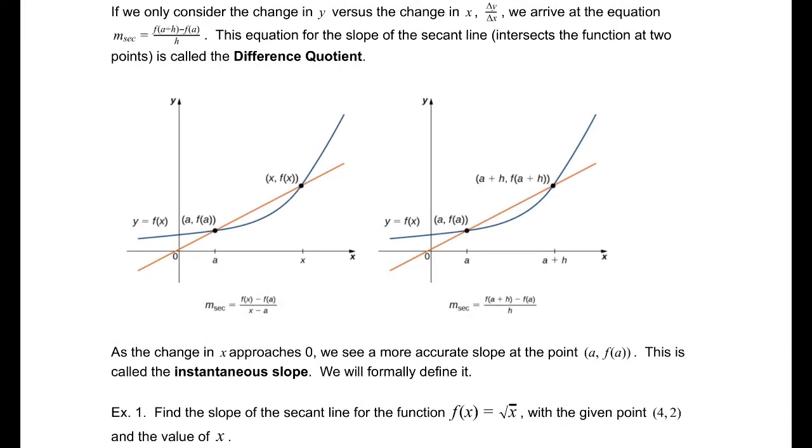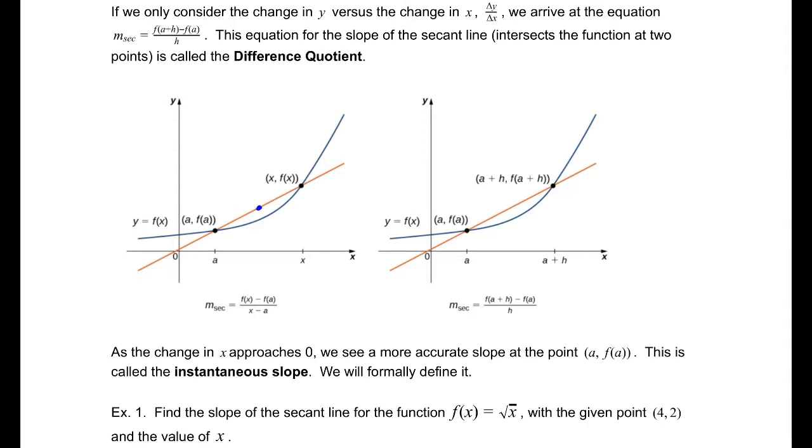So as the change in x approaches 0, we see a more accurate slope. If we took a secant line between these two points here, what if I take a point that is closer to a?